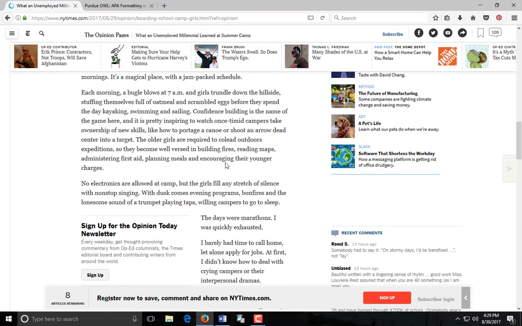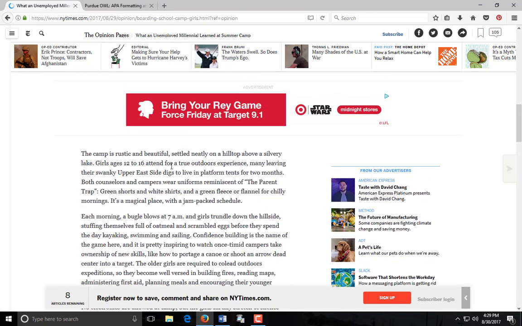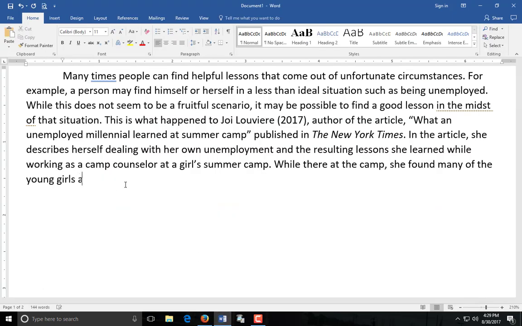Young women, 12 to 16. Okay, so age 12 to 16. Actually, you should probably spell those out. Newspapers sometimes don't spell out numbers.